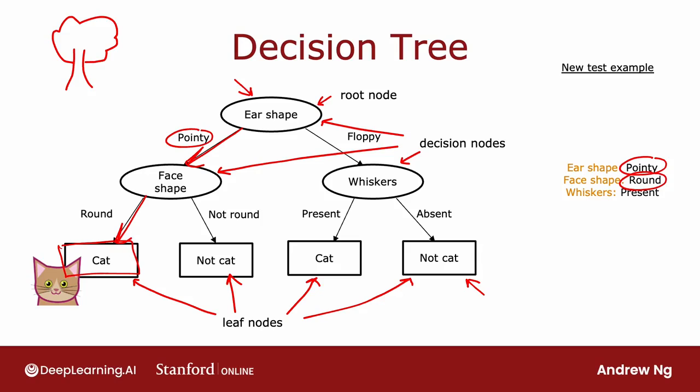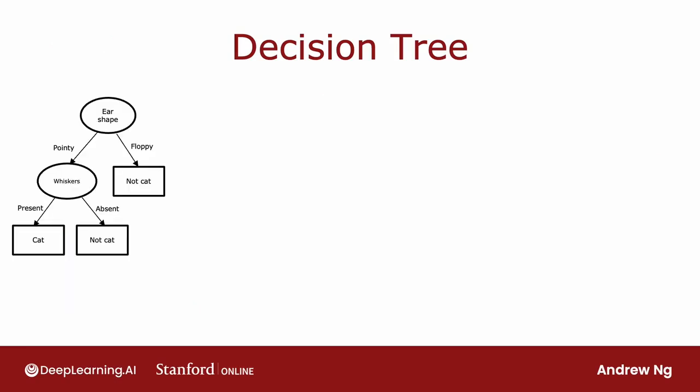In this slide, I've shown just one example of a decision tree. Here are a few others. This is a different decision tree for trying to classify cat versus not cat. In this tree, to make a classification decision, you would again start at this topmost root node. And depending on the ear shape of an example, you go either left or right.